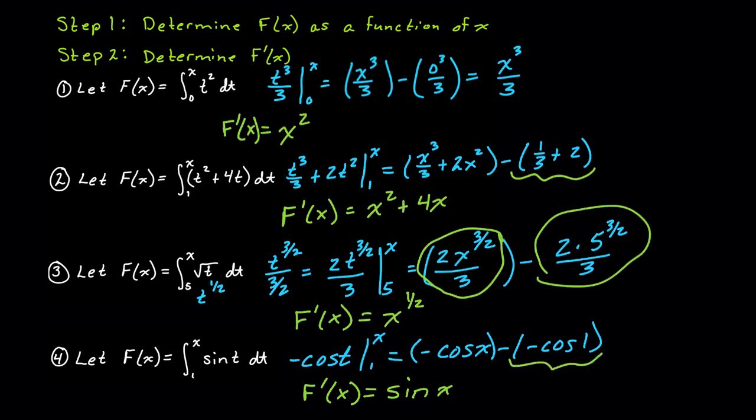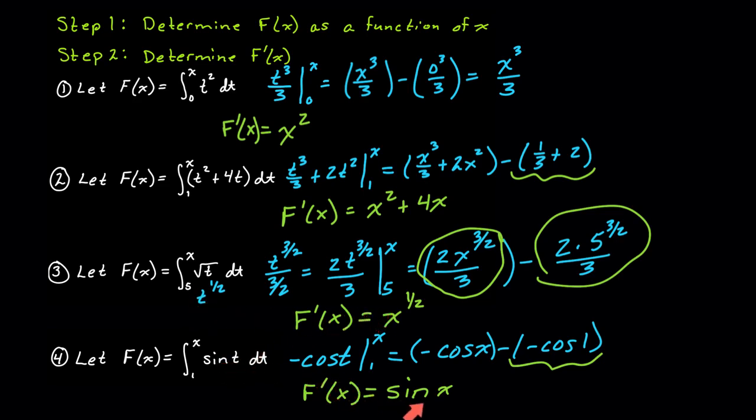So let's look at our patterns here. This is what we started with for our function, and this is what we ended with for the derivative. This is our original function. This is our derivative. Original function, derivative.